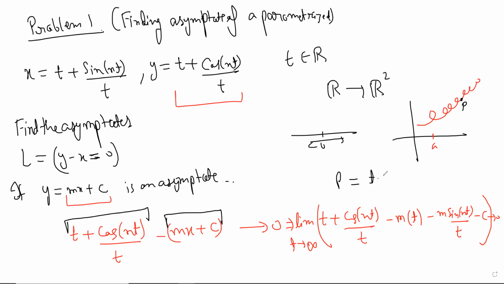And so the y coordinate of P will be T plus cos nt by T, right? And as the value of T becomes larger and larger, this y coordinate is the same as the y coordinate of the asymptote, whatever it is. Okay, and so their y coordinate should be.